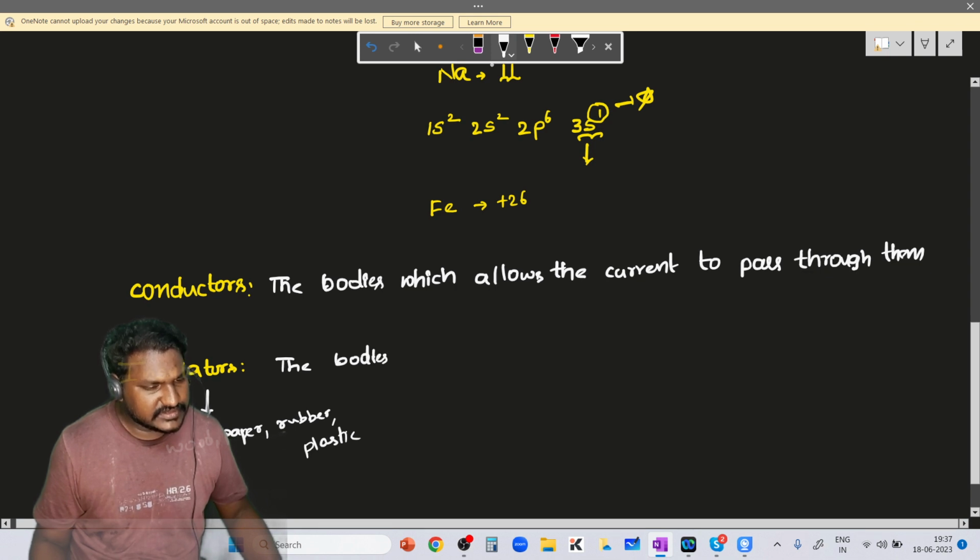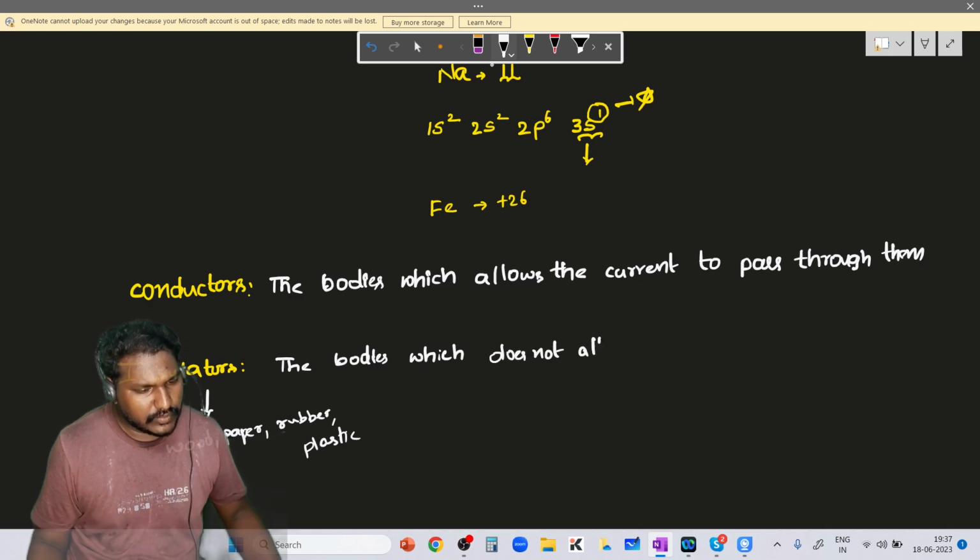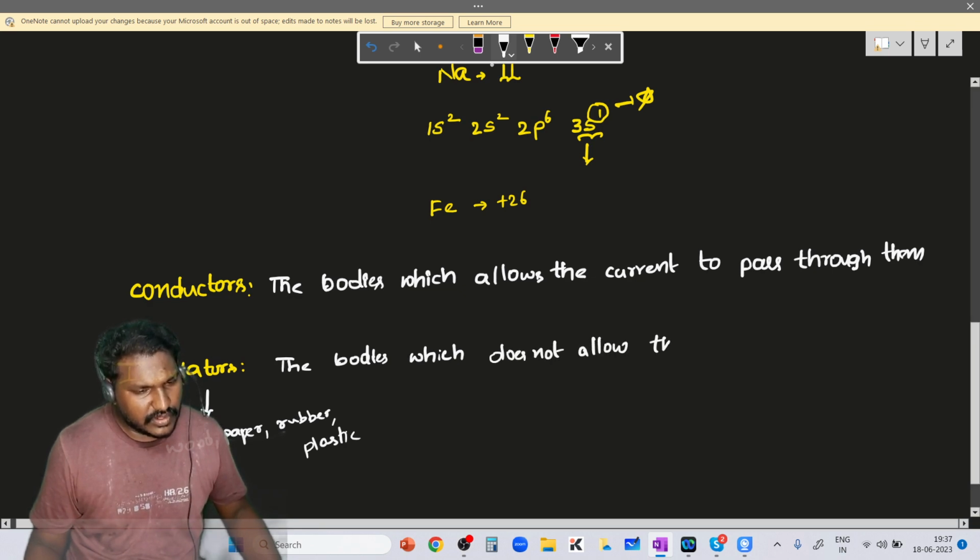The bodies which do not allow the current to pass through them are known as insulators.